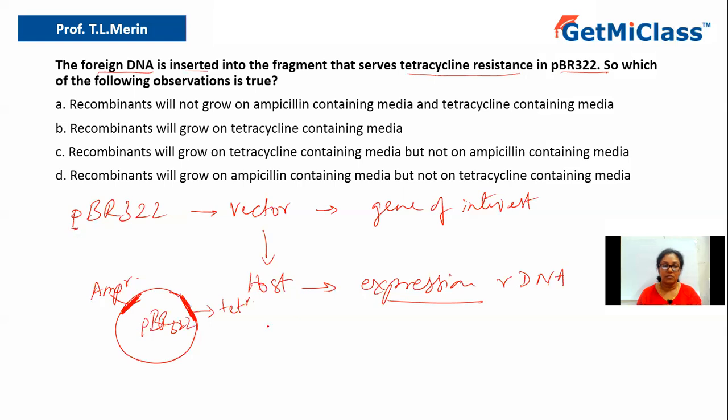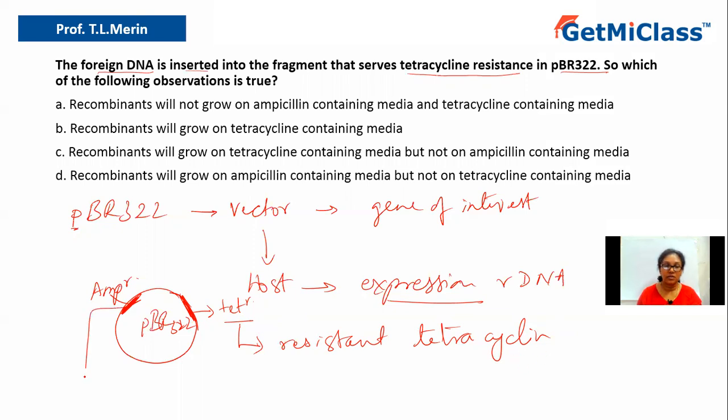PBR322. So the function of TET-R is that whichever organism is having this plasmid with this gene will be resistant to tetracycline. That means if the organism is having this gene in active form, then it will be resistant to tetracycline. So it will grow on tetracycline containing medium.